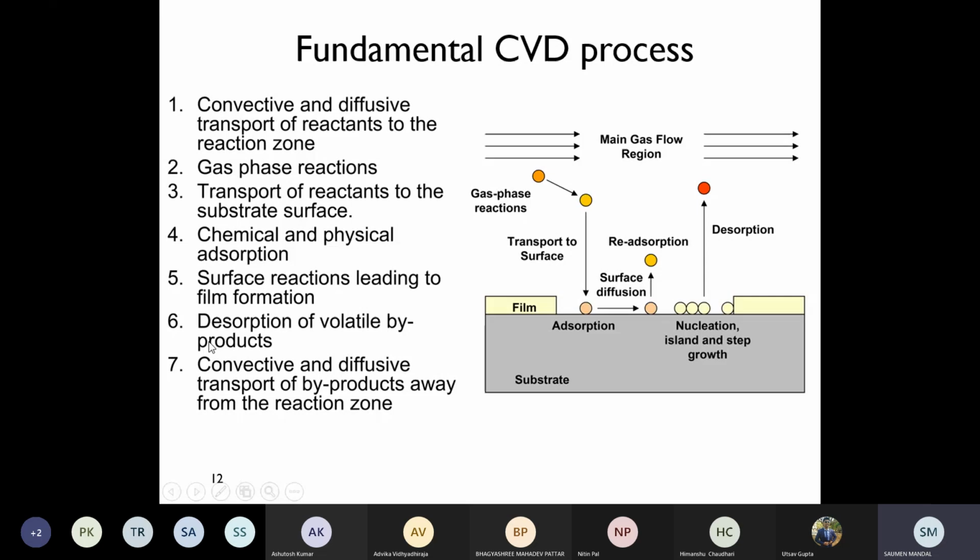And then desorption of the volatile byproduct, and convective and diffusive transport of the byproduct away from the reaction zone. So it will go out. And here you can see the nucleation island and then step growth, like other PVD techniques.